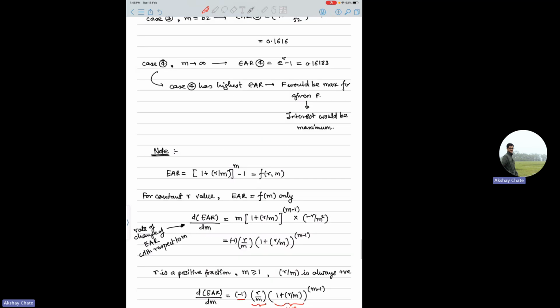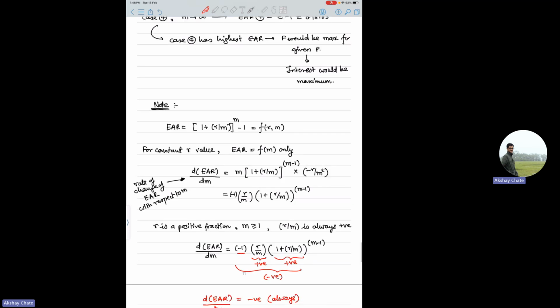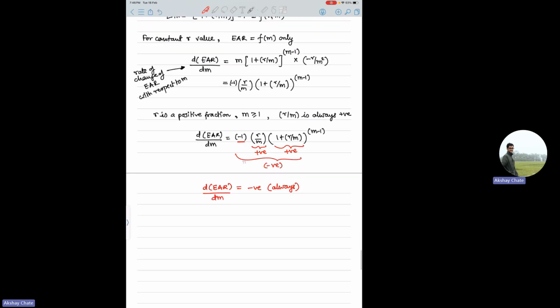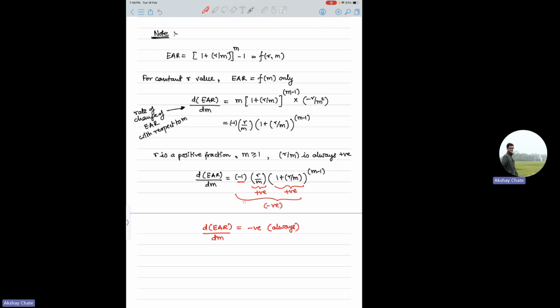One second. See, the idea is, as M increases, your EAR also increases. You can see right here, case 1 M is 1, and when M goes to infinity, you are getting maximum EAR. So I'm trying to prove that mathematically.